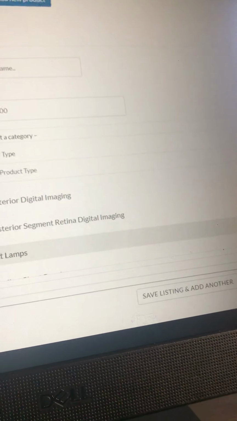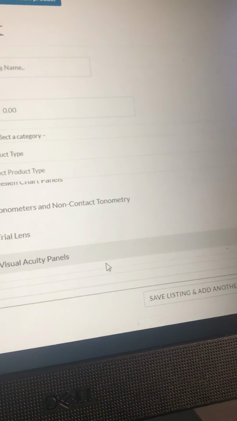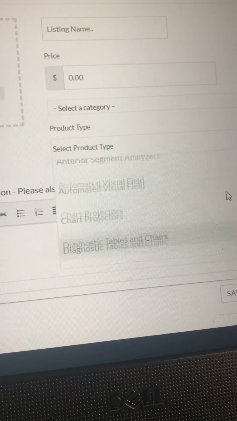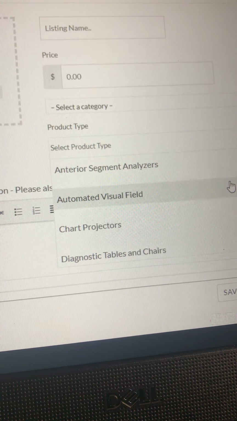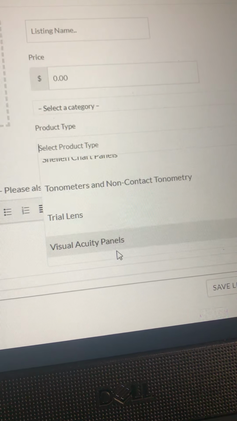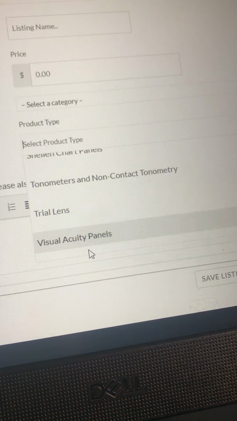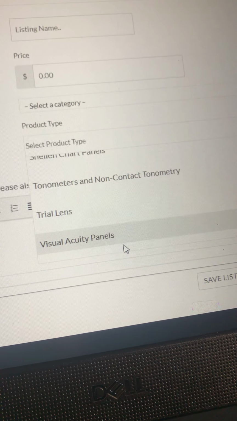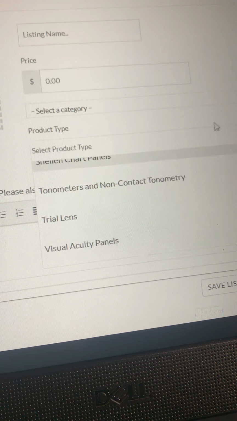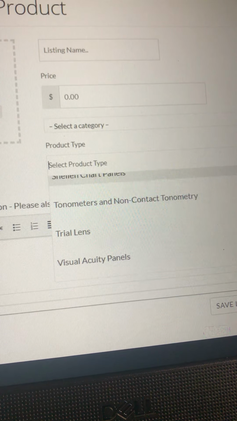We should have a space where we can put like other and say please describe, because you know there's going to be stuff maybe that we don't have listed that people want to list. For example, the lab equipment that I had, that's not in here. So if there's a place where it says other and you can type it out, or something like if not listed, please free type the product type.